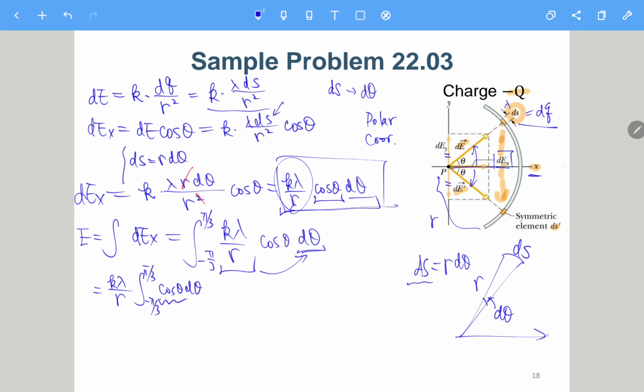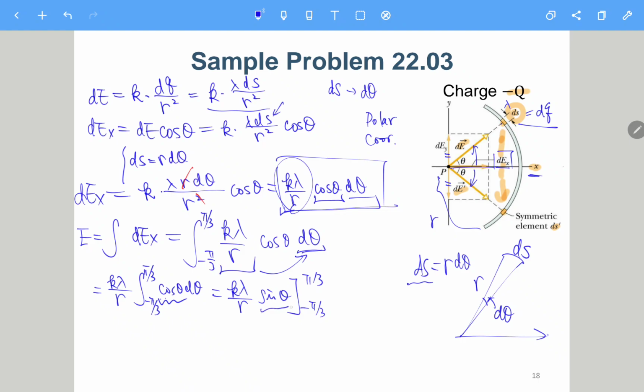The antiderivative of cosine theta is sine of theta. So we have k lambda over r, and then sine of theta evaluated from negative pi over 3 to pi over 3.